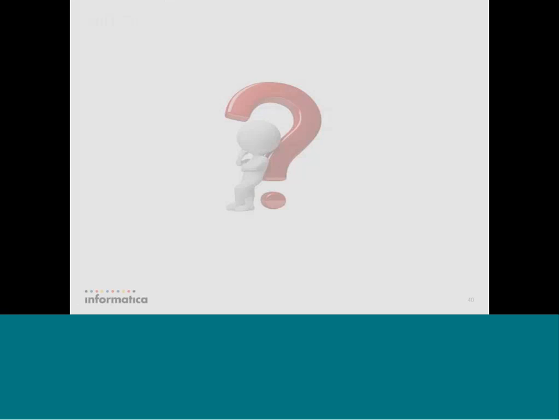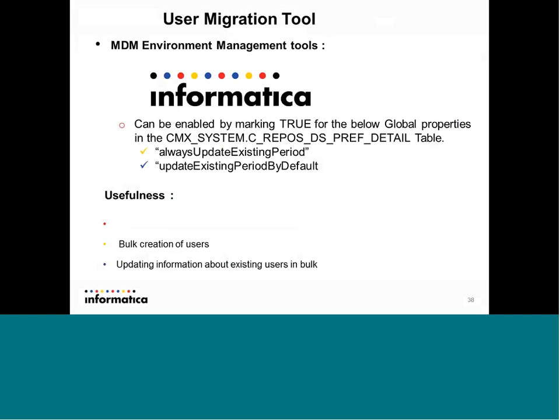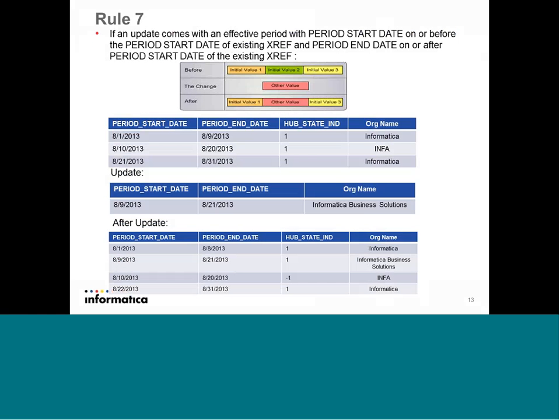I'll go back to rule number 7. One gentleman has a question: after the update, you see that one cross reference got soft deleted, with upsert indicator -1. Will that be done automatically by the hub?